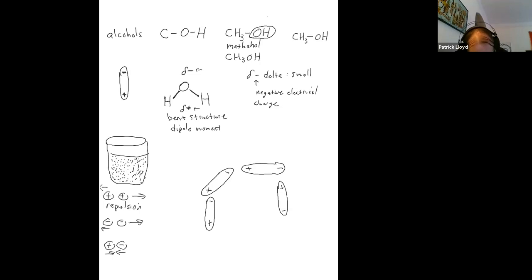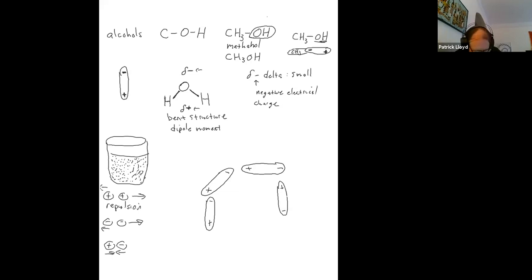Here's your OH, the O is negative, and the H is positive, and the CH3 is over here. The CH3 doesn't really have much in the way of electrical properties to talk about, so it's kind of neutral, but the OH does. So this alcohol has a negative and a positive, just like water does.